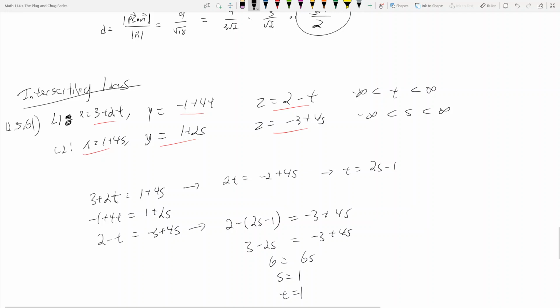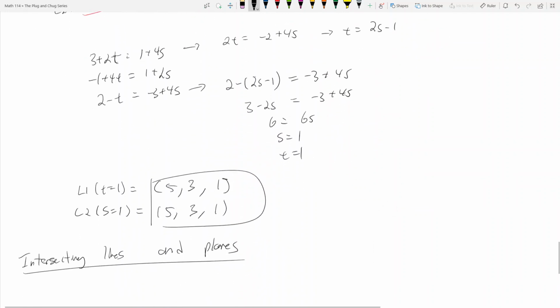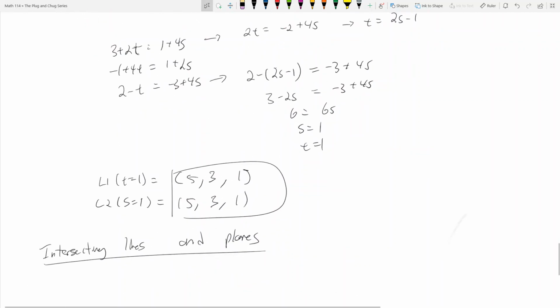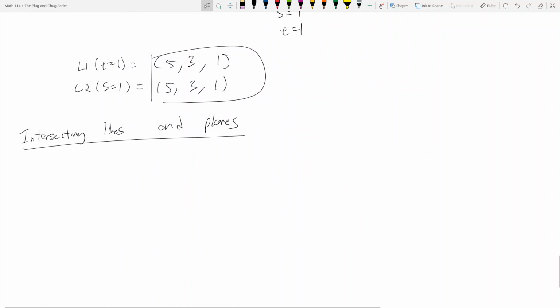We're going to be returning to this problem soon, because 12.5.61 is a multi-part problem. So now let's look at 12.5.54. What do I have? Let's look at 56 instead. I have a line: x is equal to negative 1 plus 3t, y is equal to negative 2.